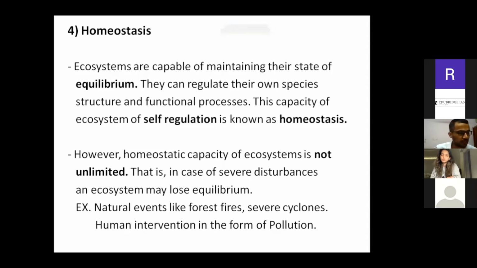You can write, it is difficult to find monetary value for these services, but they are important for our survival. Example, climate regulation, water purification.